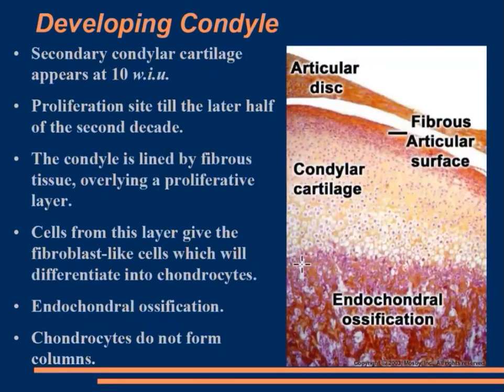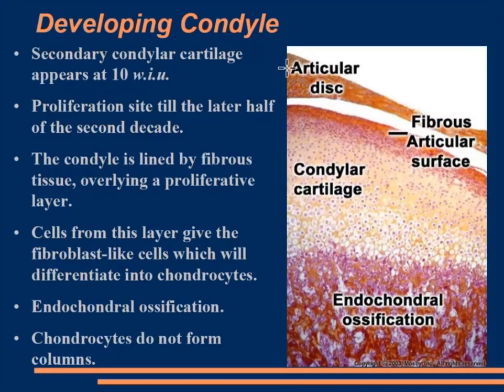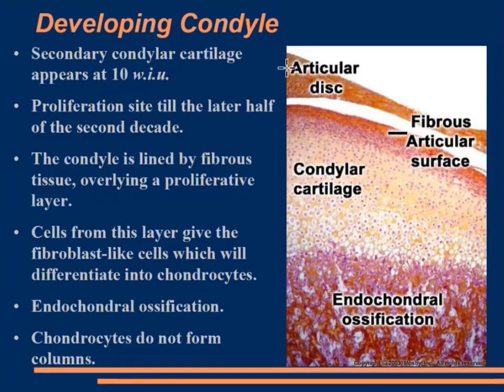Let's talk about the developing condyle. This is the last part. We have secondary condylar cartilage that appears, although it is called a primary cartilage, at 10 weeks in utero. Remember that we have said it remains a zone of proliferating cartilage until adolescence.